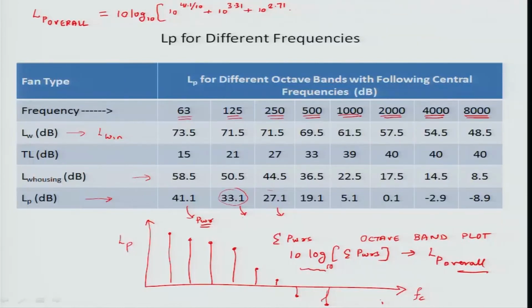Fourth number is 19.1, so it is 1.91, plus 10 to the power of 0.51, plus 10 to the power of 0.01, plus 10 to the power of minus 0.29, plus 10 to the power of minus 0.89. If you add up all these numbers and take 10 log 10 of this, you end up with 66.5 decibels.